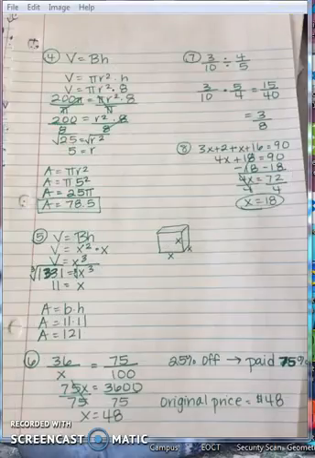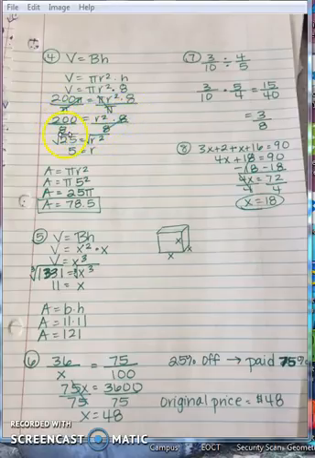Okay, for number 4, it says the cylinder is 8 inches tall and has a volume of 200 pi inches cubed. What is the area of the cross section? Okay, so I'm going to first need to find my radius. So I'm going to use V equals BH, so V equals pi r squared H. And I'm going to substitute in the 200 pi equals pi r squared times 8. Then I'm going to divide both sides by pi, which will leave me with 200 equals r squared times 8.